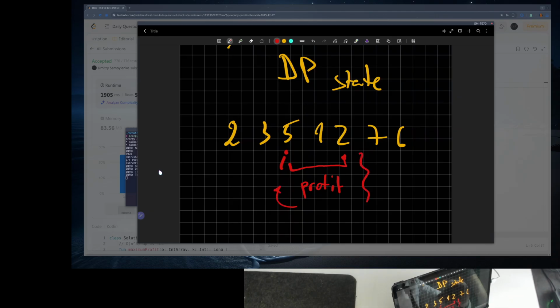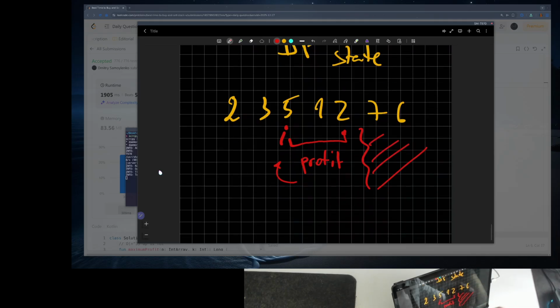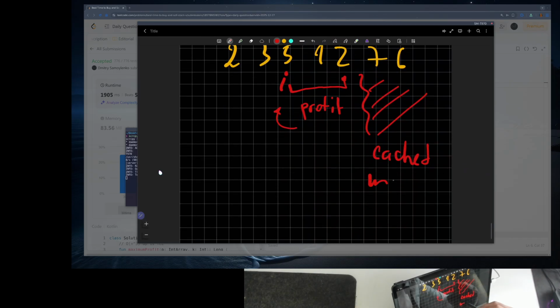And the other part only depends on the rest, they can be separated and can be cached. So this is the cached result or memo.